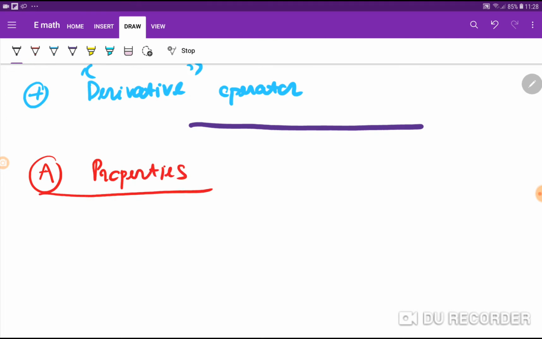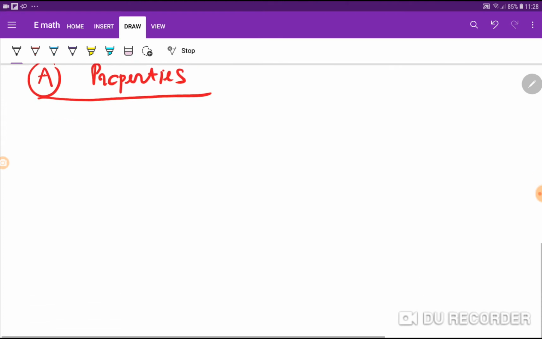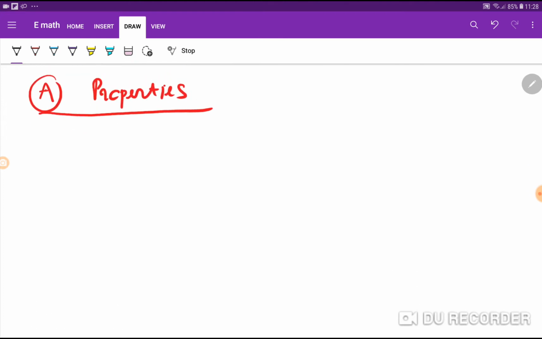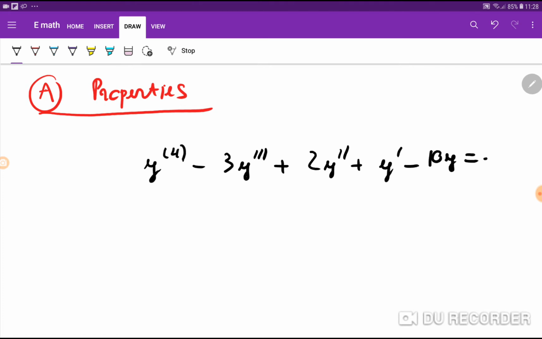Like I said, differential equations are usually written like this: y to the fourth minus 3y triple prime plus 2y double prime plus y prime minus 10y equals e to the 4x, for example.